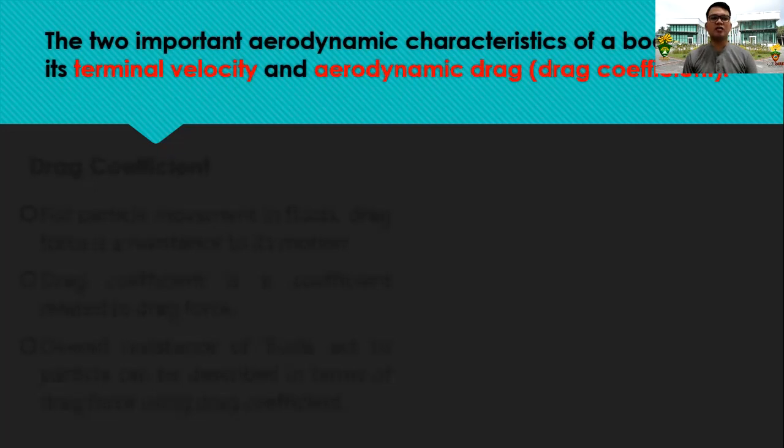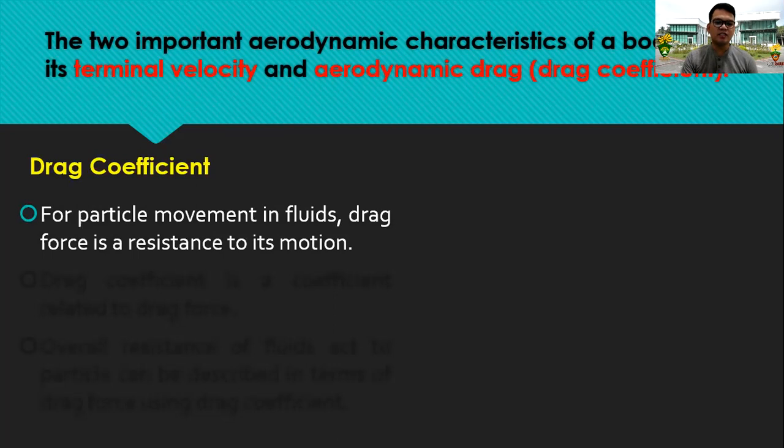And the aerodynamic drag coefficient comes from its velocity. What are the factors that are attributed to its velocity? That's what is considered the drag coefficient. When we say drag coefficient for a particular movement in fluids, drag force is the resistance to its motion, right?